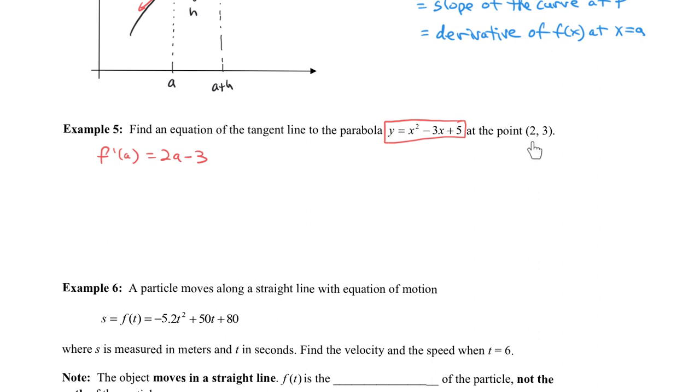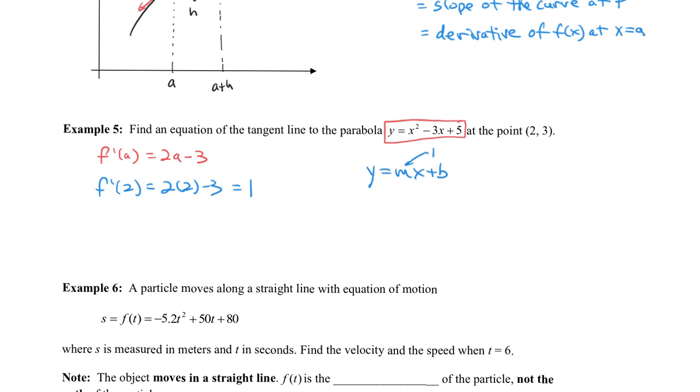This would be a and f of a. So we plug in a 2. 2 would be the a. So f prime of 2 is going to be 2 times 2 minus 3, which is equal to 1. So we've got the slope. So if we want to find the equation of a tangent line to this parabola at the point 2, 3, we know the slope is 1.